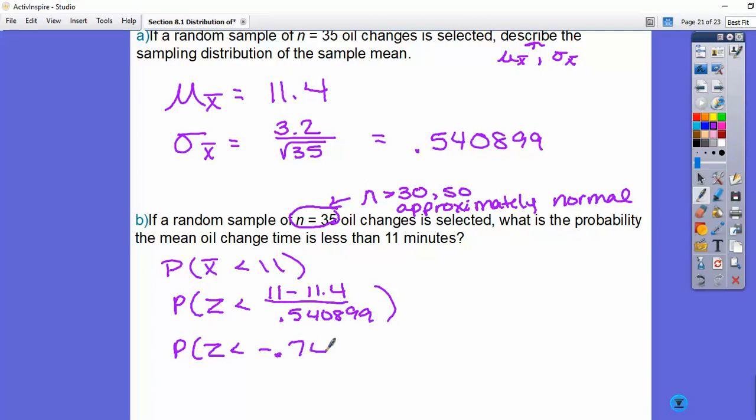Now we need to round our z to 2 places because that's all the table goes to. So if my z is negative 0.74, less than just means I am reading from the table. And we get 0.2296.